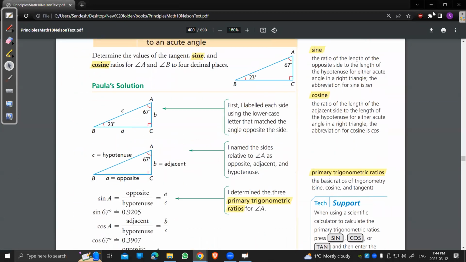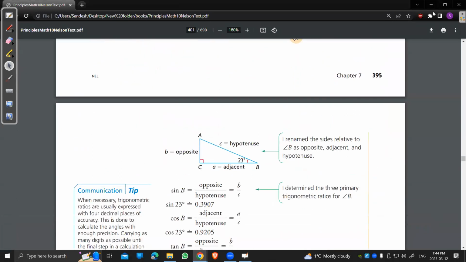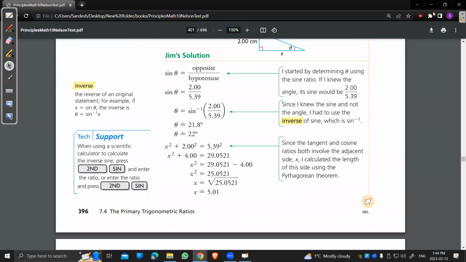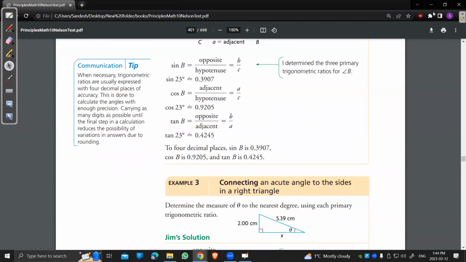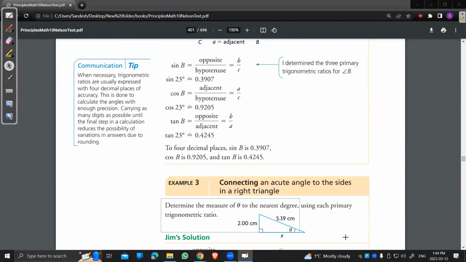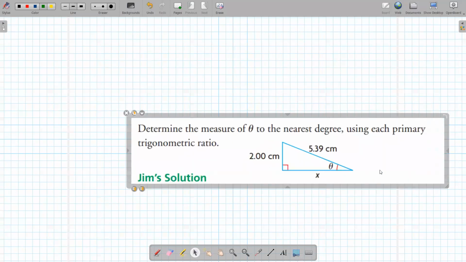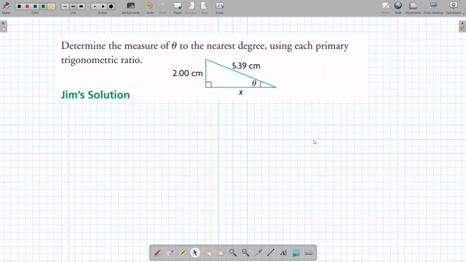And we're back to doing SOHCAHTOA's, which kind of builds upon, I guess, similar triangles. What do you think about SOHCAHTOA? It's okay.